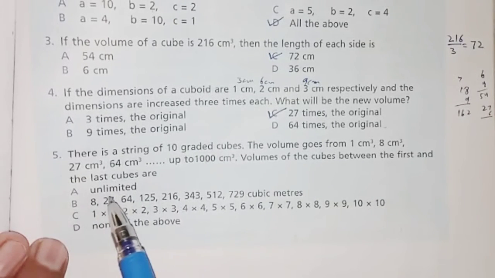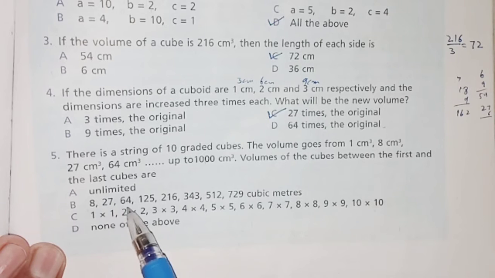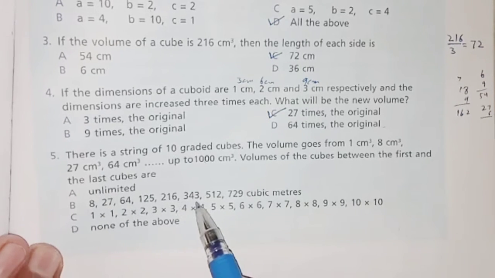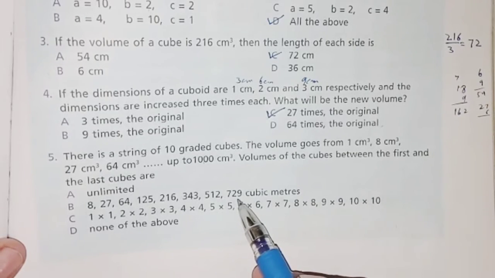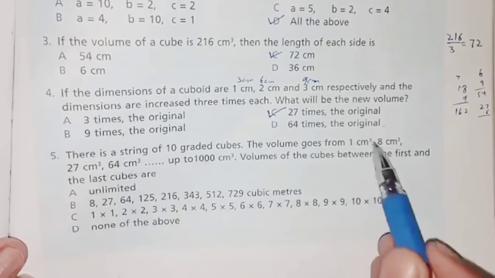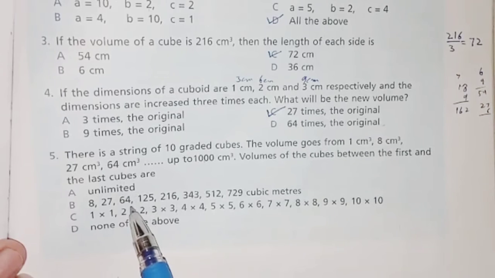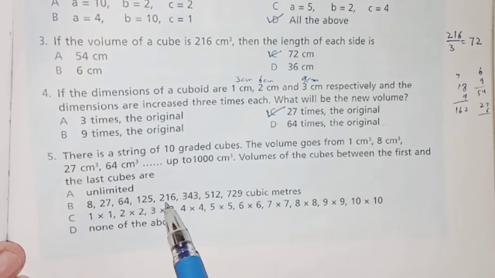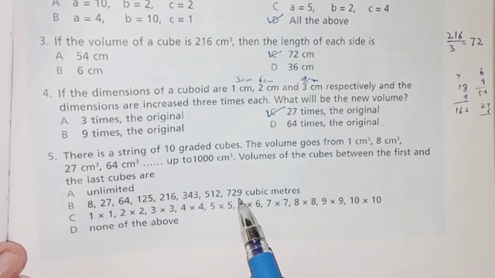For example, option B is 8, 27, 64, 125, 216, 343, 512, 729 cubic meters. So 1, 8, 27 and 64 are already given. The next values are 216, 343, 512, 729.